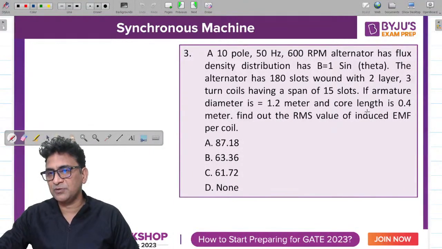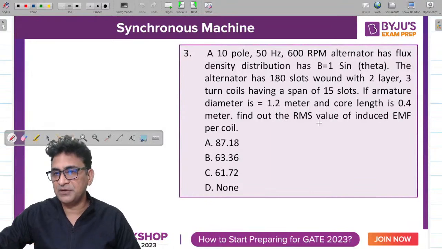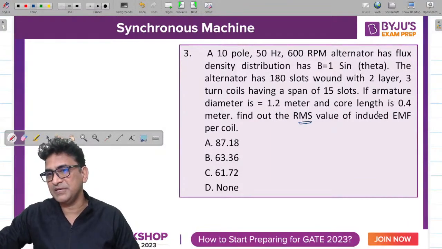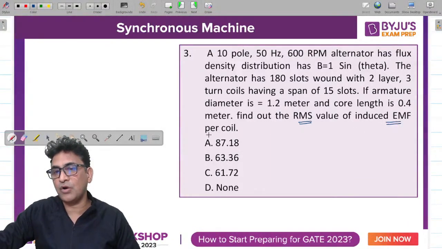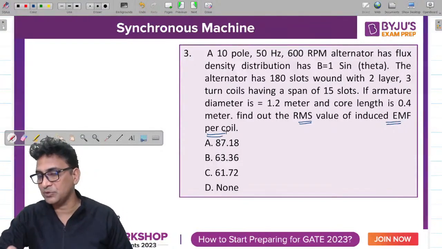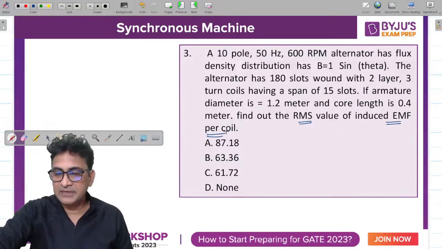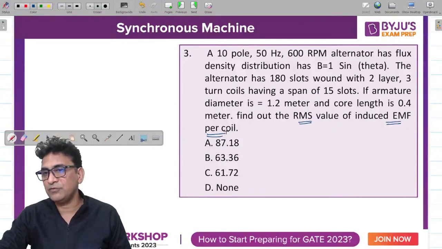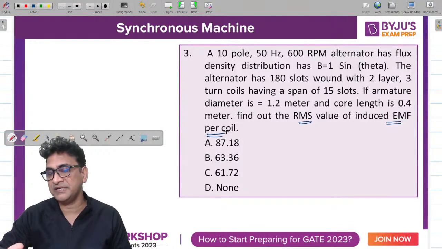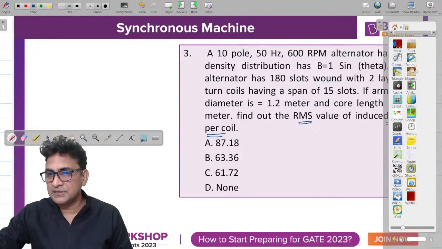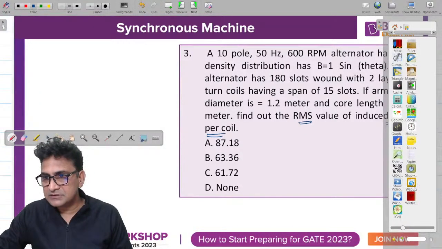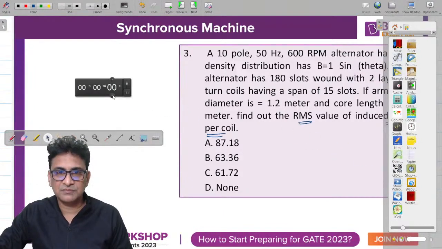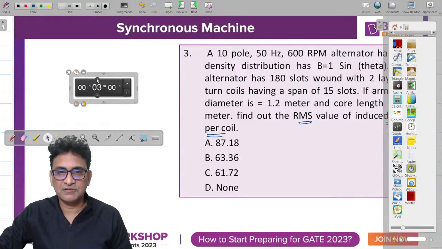Armature diameter and core length were given, but here you have to find out the RMS value of induced EMF in a coil, not per phase. In the previous question we found the induced EMF in a conductor, and here you have to find out the induced EMF in a coil. So again I am giving you 4 minutes to solve this question, and your time starts now.